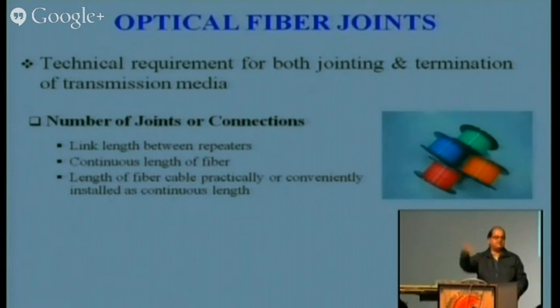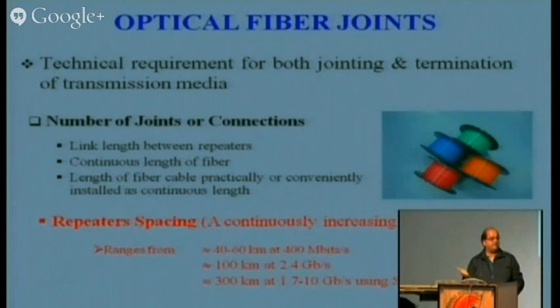During the installation, the machines they are using, you can pull the fiber maybe up to 1 kilometer or maybe up to 2.5 kilometer. So these are the installation issues. All these are the parameters for the number of joints. Repeater spacing is a continuously increasing parameter.